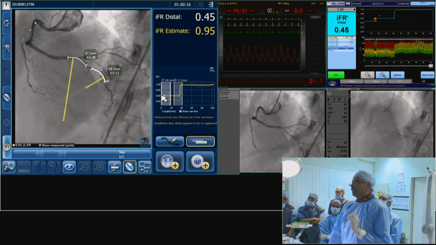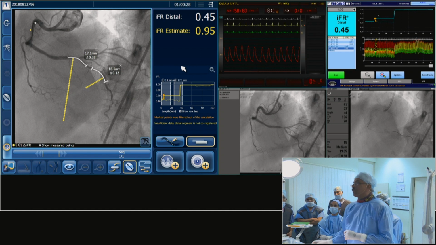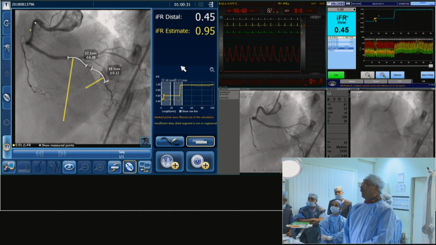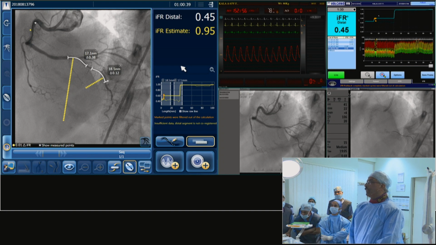So critically, the significant lesion is the distal bifurcation, and the second critical lesion is the PDA, and the proximal part is mild. So this is what physiology teaches you, and the length of the lesion is about 36, 37 millimeters.